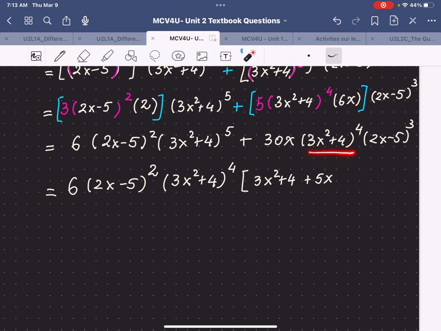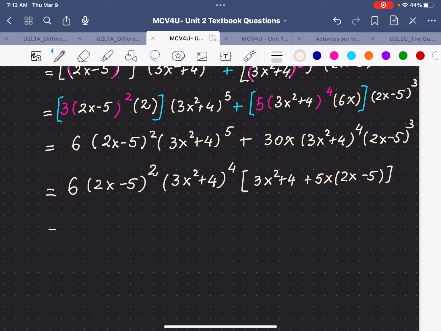We have 3x squared plus 4 to the power of 4. The entire factor is out, so there is nothing left from this. And then we have 2x minus 5 to the power 3. Now 2 powers of 2x minus 5 are out, which means that 1 power is still in. And remember, it's still multiplying this monomial here, or whatever is left of this monomial.